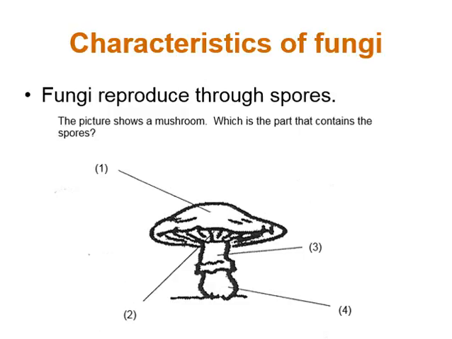So as a living thing, it does have to reproduce, but it reproduces through spores, right? Now, the other group of organisms that reproduce through spores are ferns, but ferns are plants. So just remember, the two groups of organisms that reproduce by spores are ferns, which belong to the plant family, and fungi, which are not plants, right?